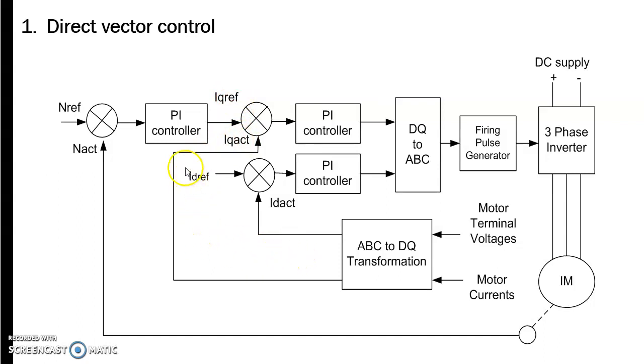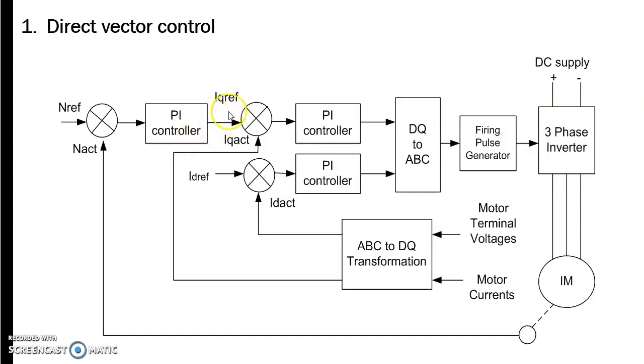You get this from converting the motor current. Motor current is sensed and converted into DQ, and then this IQ is the actual value of IQ. Here the actual value of speed and the reference are compared. The error is processed through the PI controller, and you get the reference value of IQ.